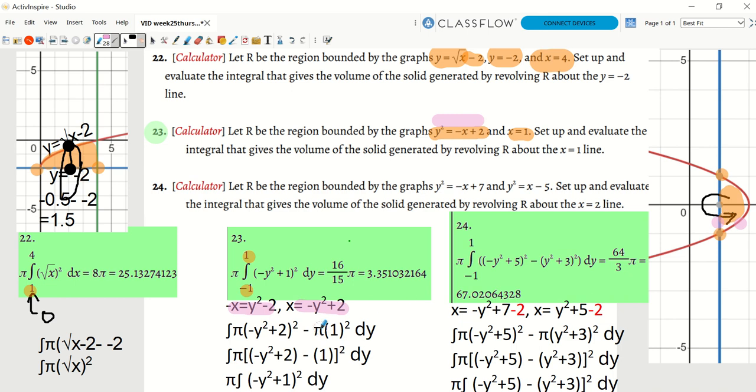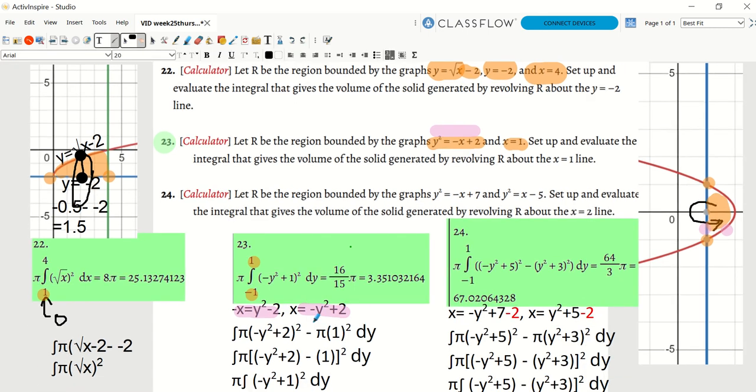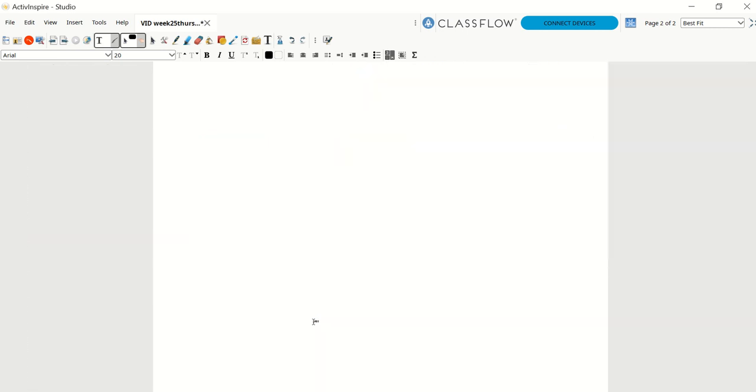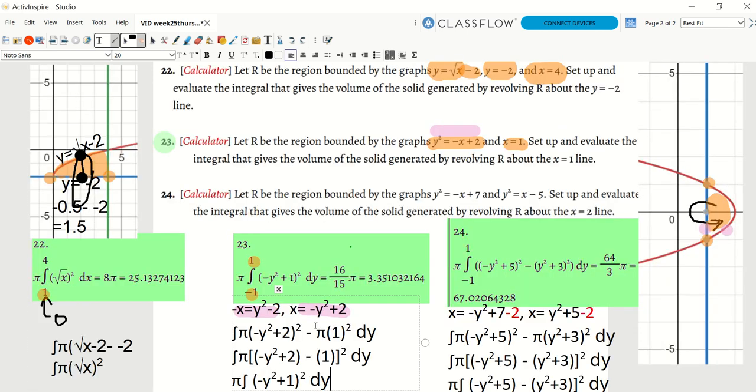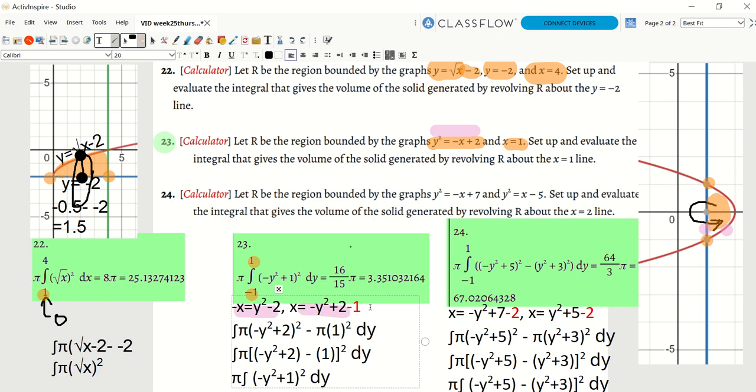Let me actually rewrite this here. Let me save that real quick. It's been known to freeze. So what we're going to end up doing is subtracting a 1 over here, so this ends up being -y squared plus 1.